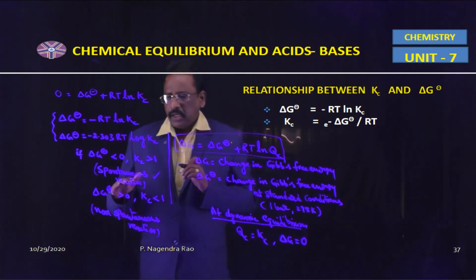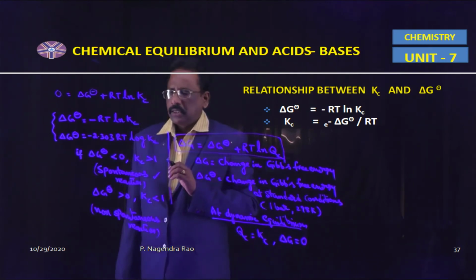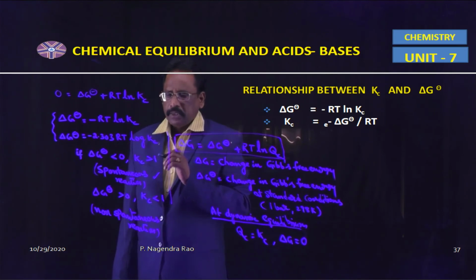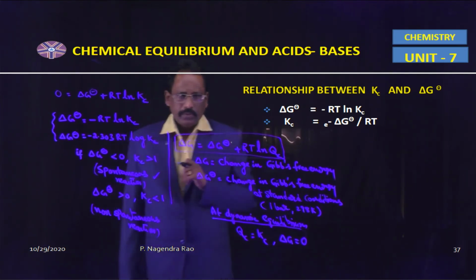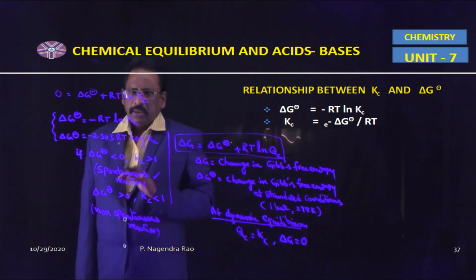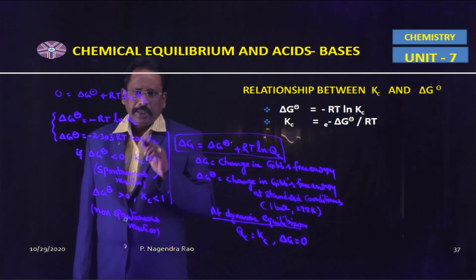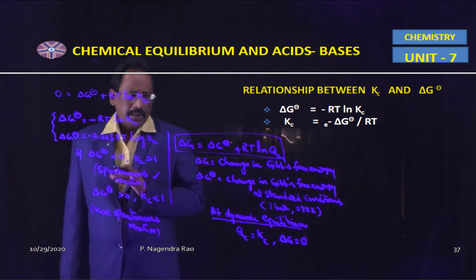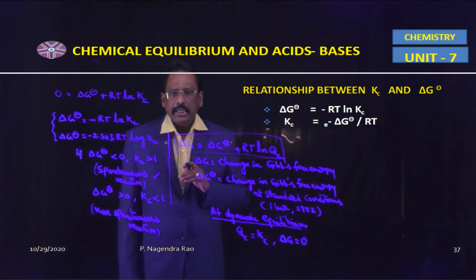For non-spontaneous reactions, delta G at standard conditions shows a positive value. So this is the relationship between the equilibrium constant in terms of concentration and the change in Gibbs free energy at standard conditions.